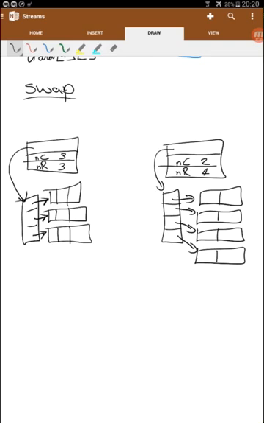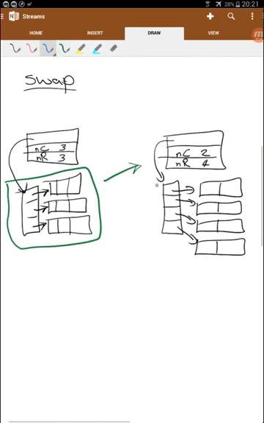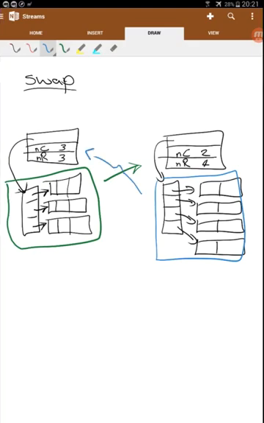When we now say swap, what we're trying to say is we don't want to have to swap all the individual items. We know that this set of memory should now simply be associated with that matrix, and likewise the other way around. So this set of memory should be associated with that matrix.